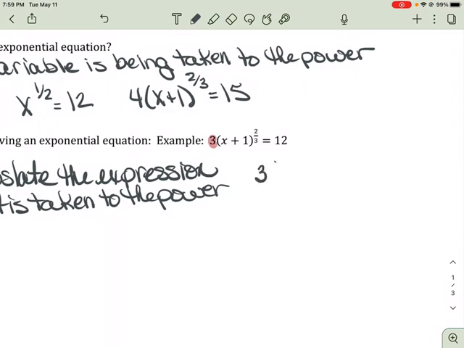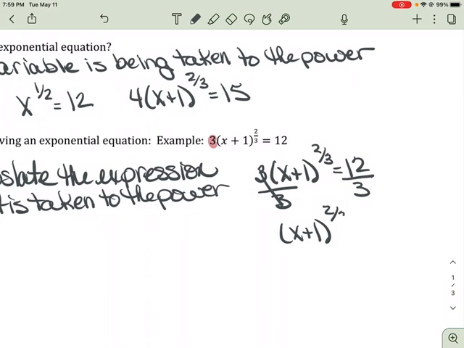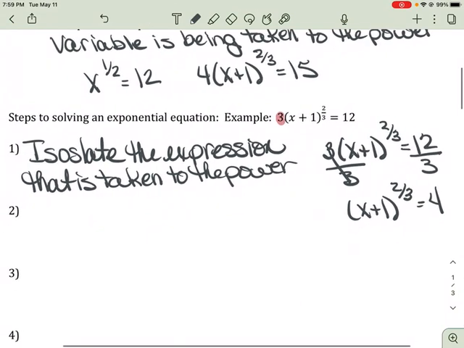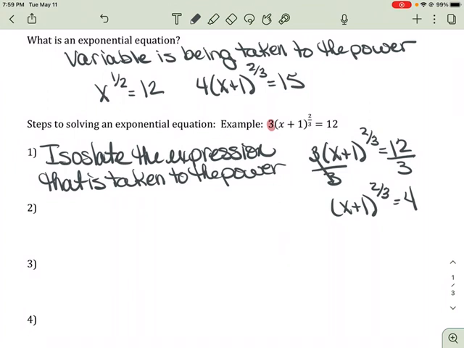If there's anything added or subtracted with your expression or your variable, we're going to need to get rid of it. In this case, I'm dividing by 3. So we get x plus 1 to the 2/3 is equal to 4. Our next step is to get rid of our fractional exponent.